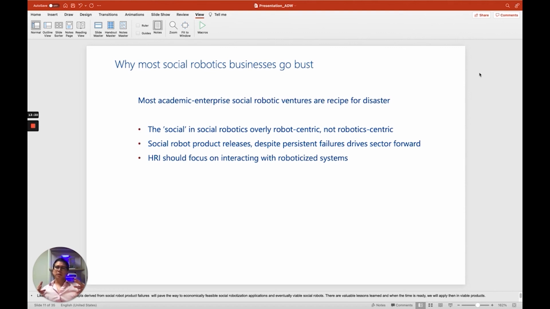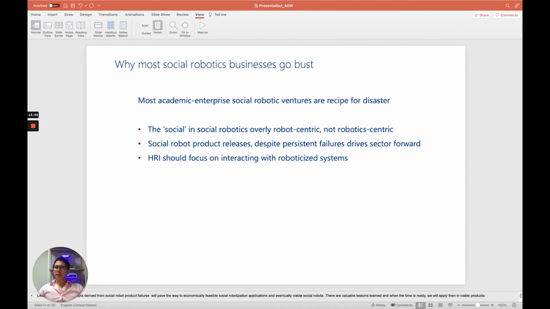So, social elements within products. For example, a car. I think Elon Musk said Tesla is arguably the largest robotics company in the world because of their automobiles.